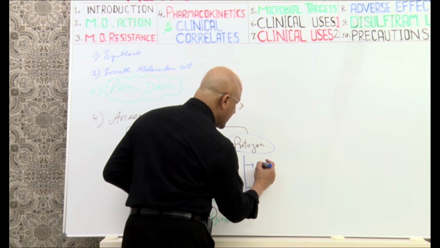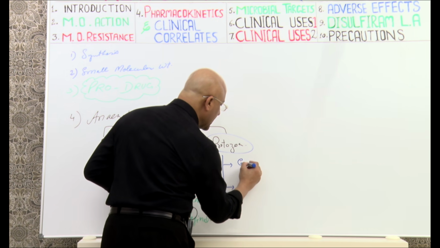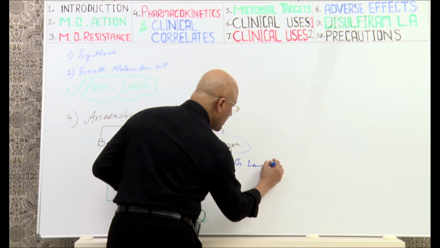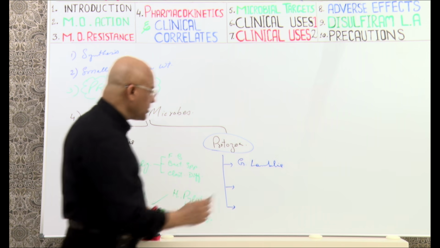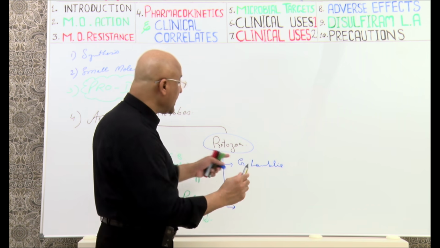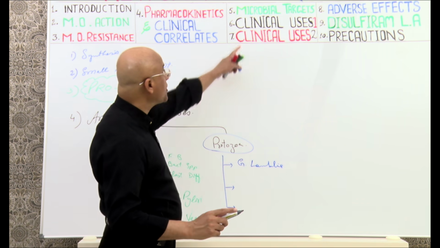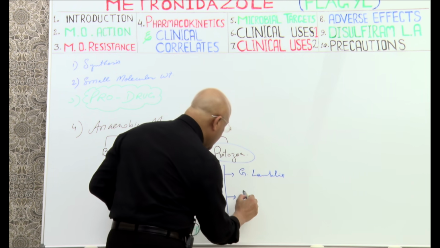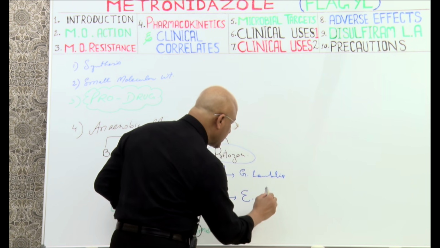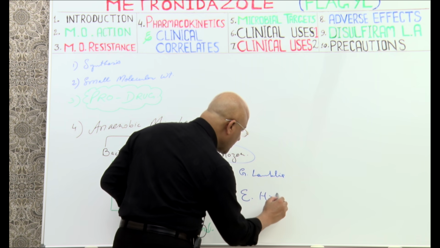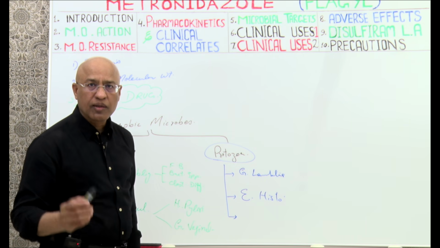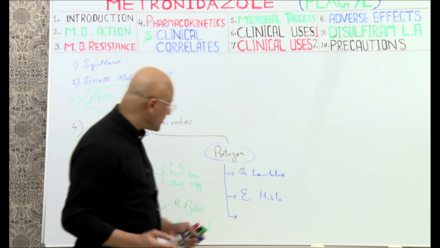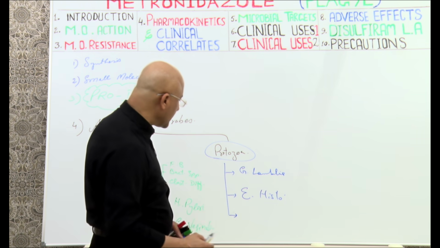Number one, there is, yes, Giardia lamblia, which produces diarrhea. We will again discuss in detail in clinical uses. Then there is your friend Entamoeba histolytica. Every medical student knows, doctor knows, which causes amoebiasis, dysentery, and sometimes amoebic abscesses.